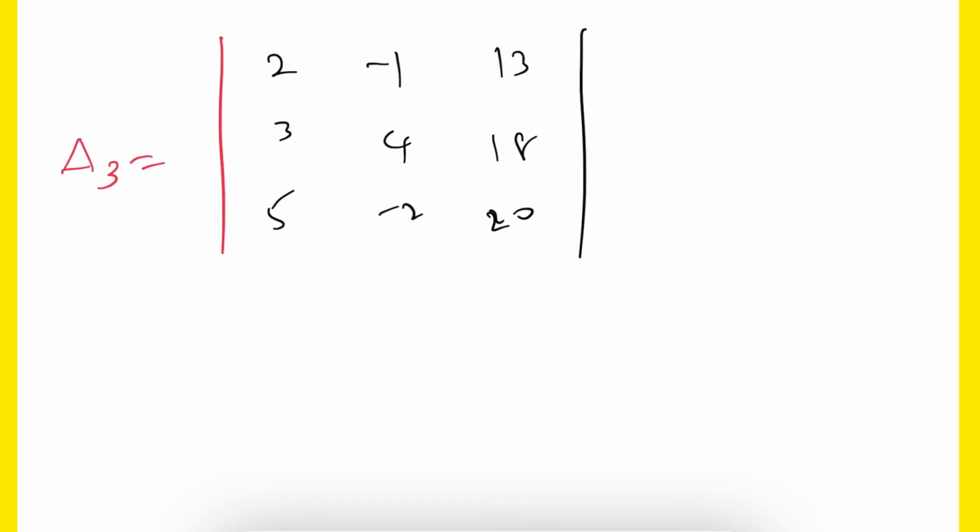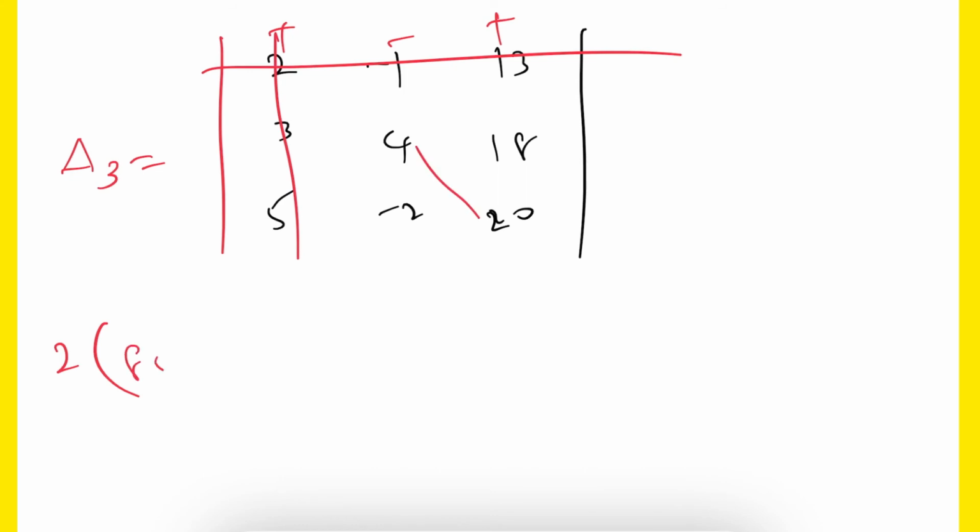Okay, now let us find out the determinant for this also, plus minus plus. So 2 into, if you remove the row and column, 4 into 20, 80, minus 2 8 is 36, minus 36, it will become plus then plus 36.